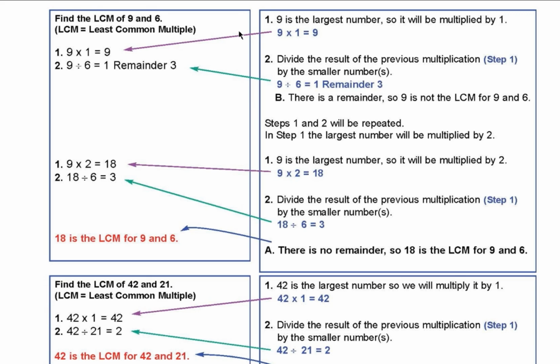So we will multiply 9 times the number 1. 9 times 1 equals 9.